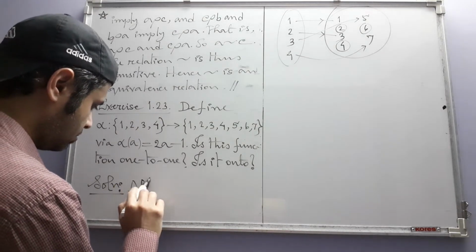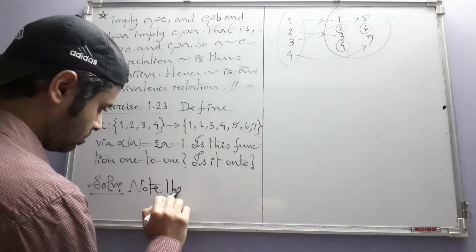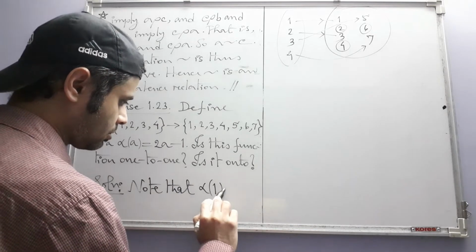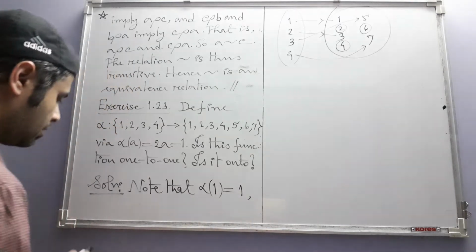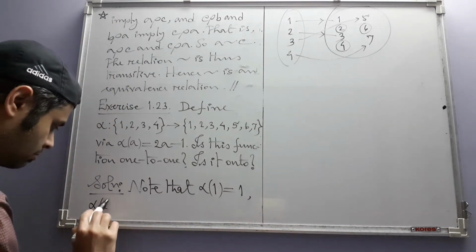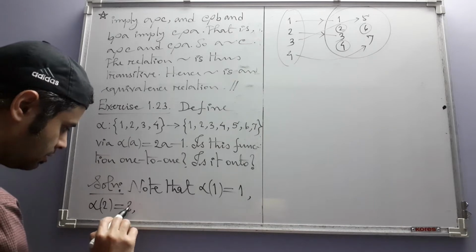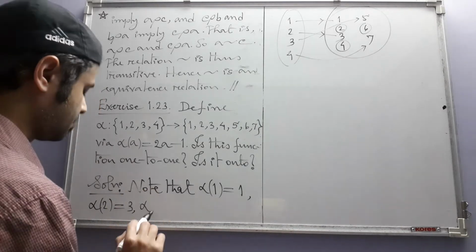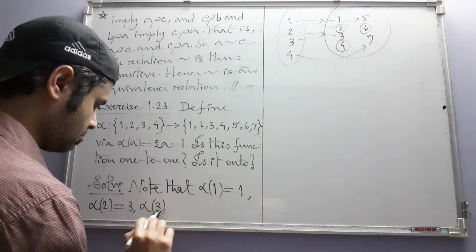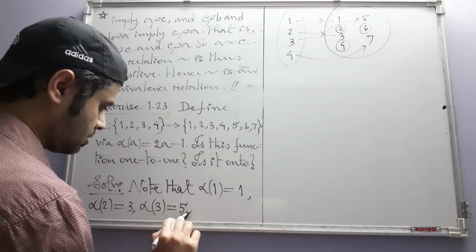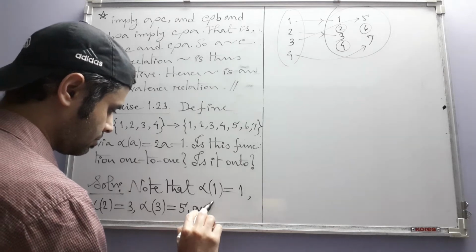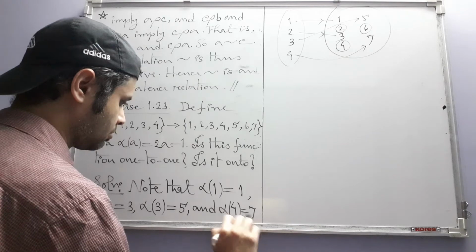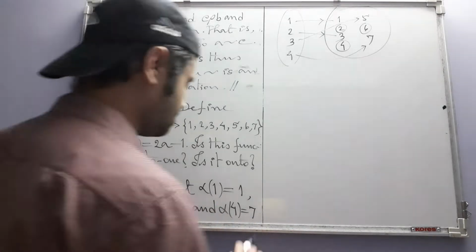Note that alpha of 1 is 1, alpha of 2 is 3, alpha of 3 is 5, and alpha of 4 is 7.